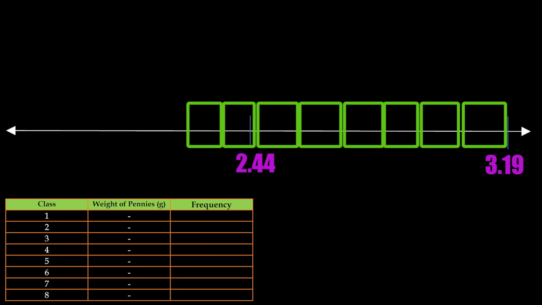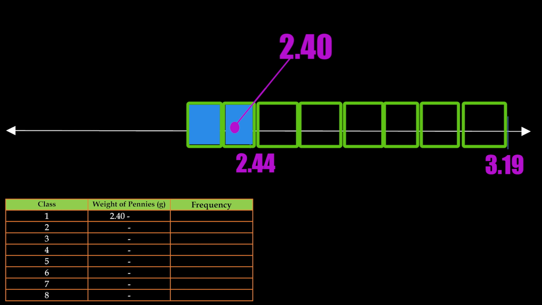So when we start making our frequency distribution, we can choose our lowest data point as our starting point, or some number in this space as our starting point. Since our lowest data value is 2.44, I'm going to round our starting point down to 2.40. It's a more convenient number that works well with our class width.